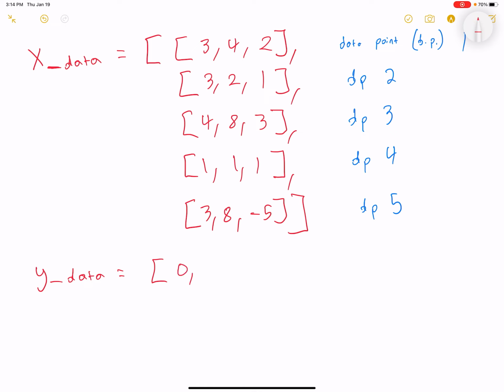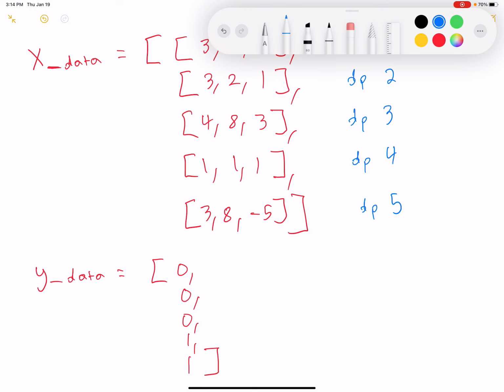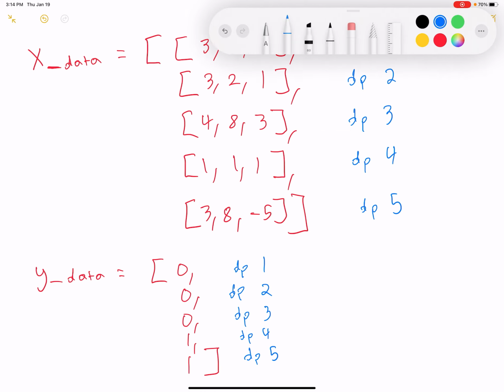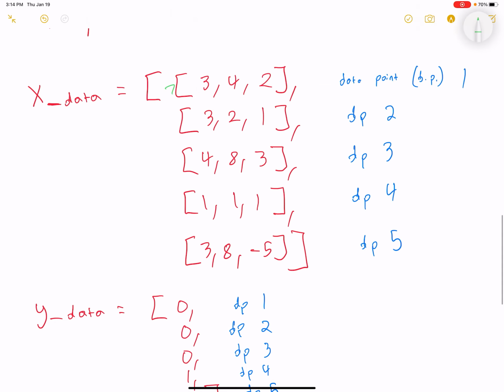So we might get 0, 0, 0, 1, 1. And again, these correspond with each other. So this 0 would correspond to data point 1. This would correspond to data point 2. This would correspond to data point 3, data point 4, data point 5. And let's just be crystal clear. So that corresponds with that.